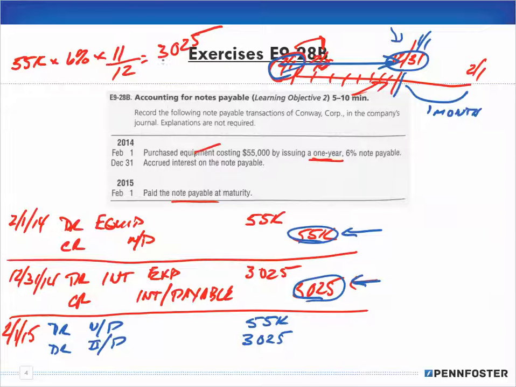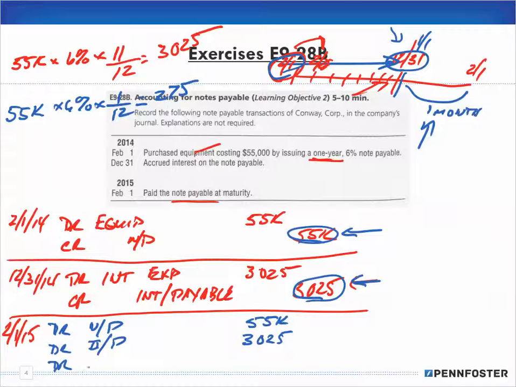I also know that I have an interest expense that I've incurred for the month of January, so I have to calculate what that is. I have 55,000 times the 6% times 1/12, and that's going to give me $275 in interest expense.